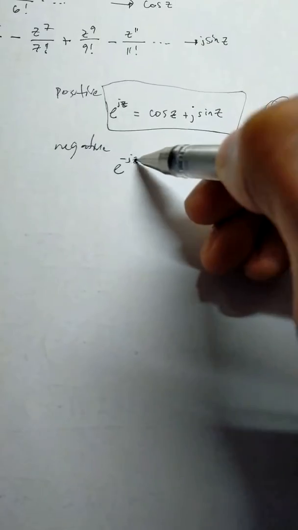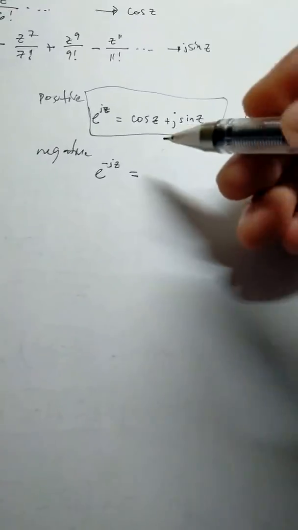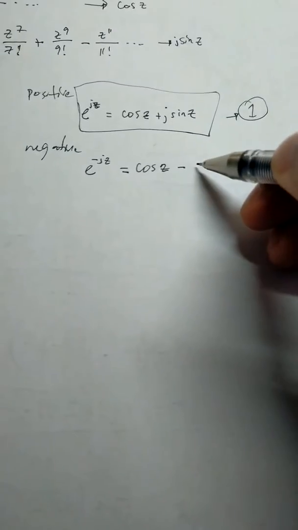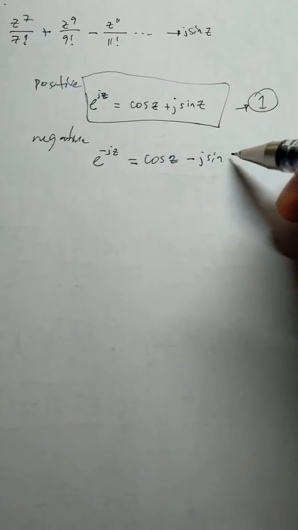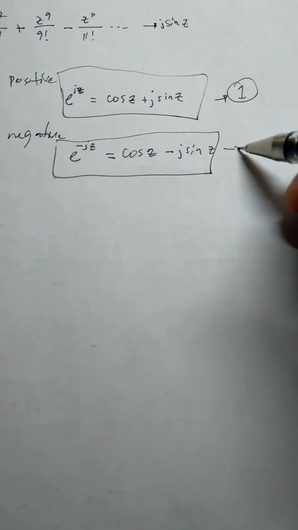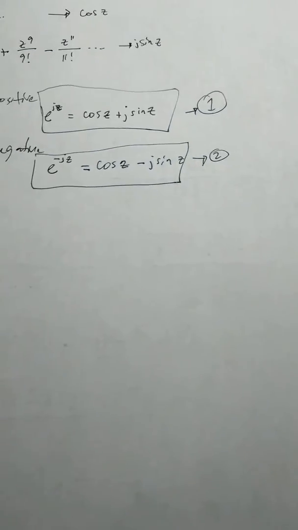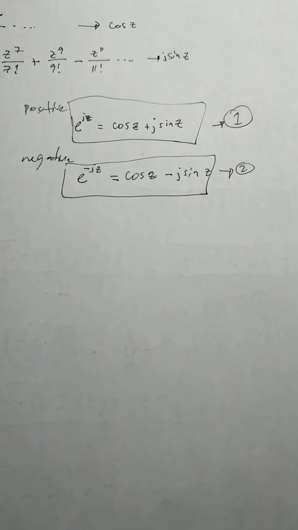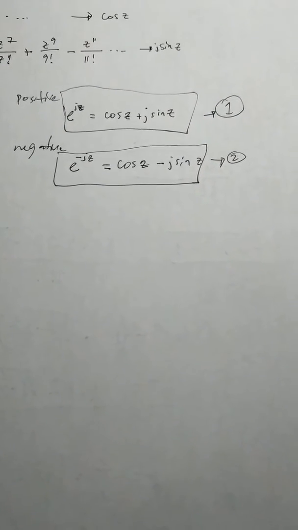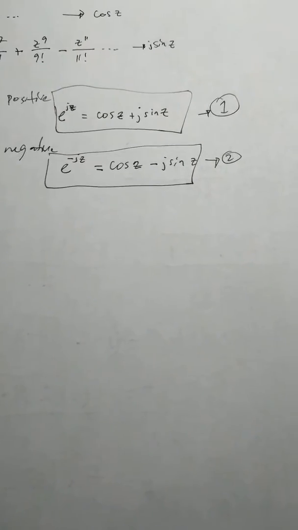So we have the e raised to negative j z equals cosine z minus j sine z. Okay? So muna siya ito nga second equation. Okay? So according sa kay Euler, makuha ta ko ang aton values ang definition naton.